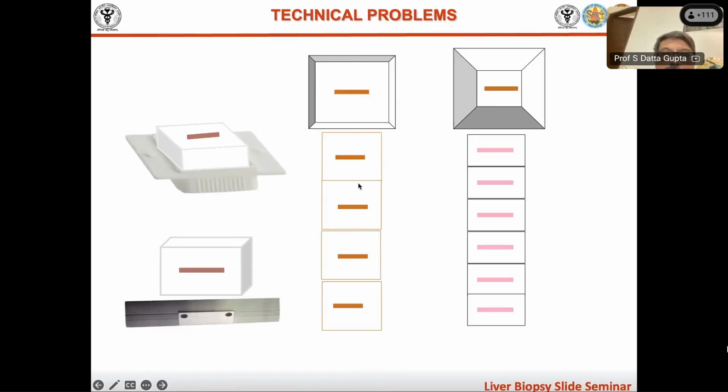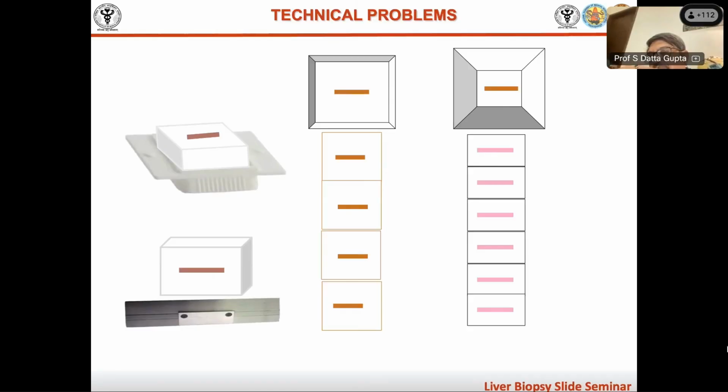So if you cut a section, you get a lot of unnecessary paraffin, and maybe in one slide you can get 1, 2, 3, 4 sections. But if you make it as a wedge so that the paraffin all around is less, you tend to get more sections on a slide, because the intervening paraffin, which is of no use to us while reporting, becomes less.